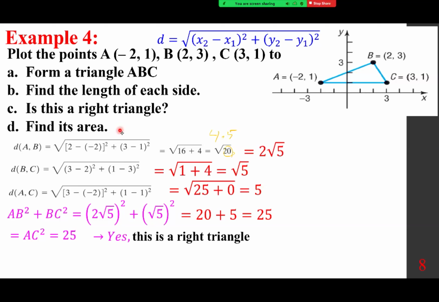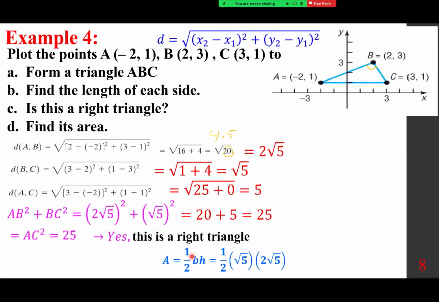Find its area. Well, to find the area, because it's a right triangle, we can use area is 1/2 base times the height, where the two legs are the base and height. 1/2 of square root of 5 times 2 square root of 5.